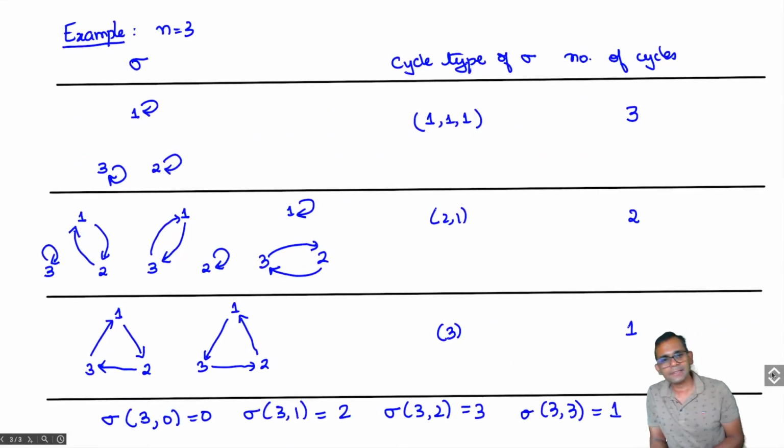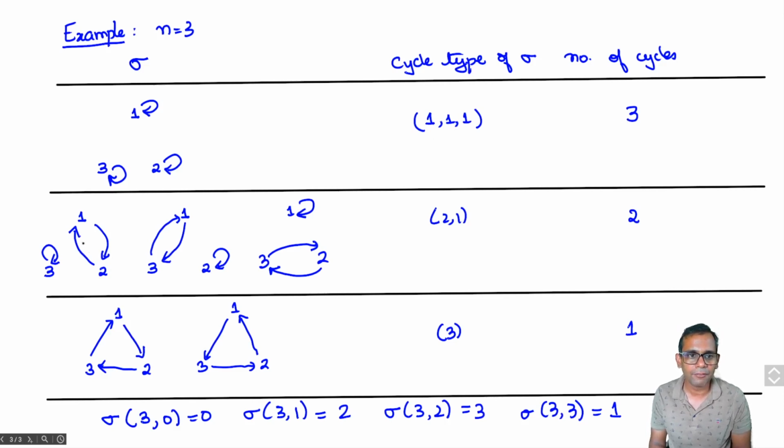So if n is 3, there are 6 bijections from the set 1, 2, 3 to the set 1, 2, 3. This here is the directed graph visualization of the identity permutation. 1 goes to 1, 2 goes to 2, 3 goes to 3. So its cycle type is 1, 1, 1, and it has 3 cycles.